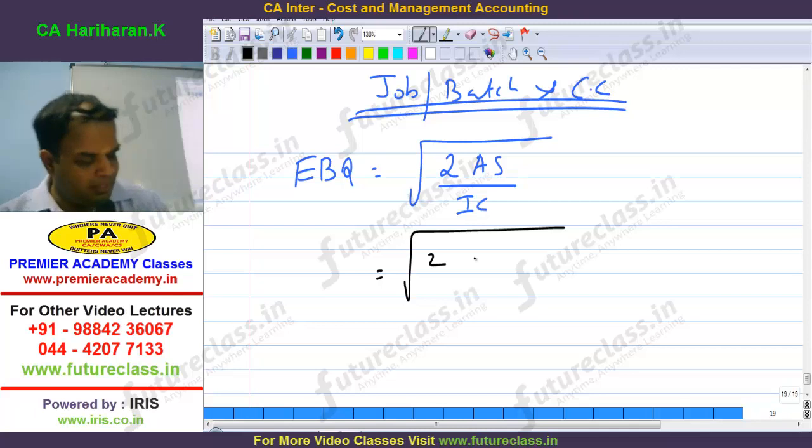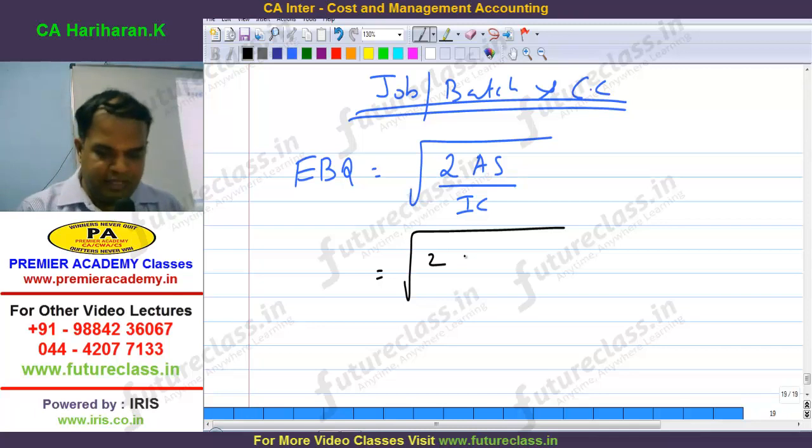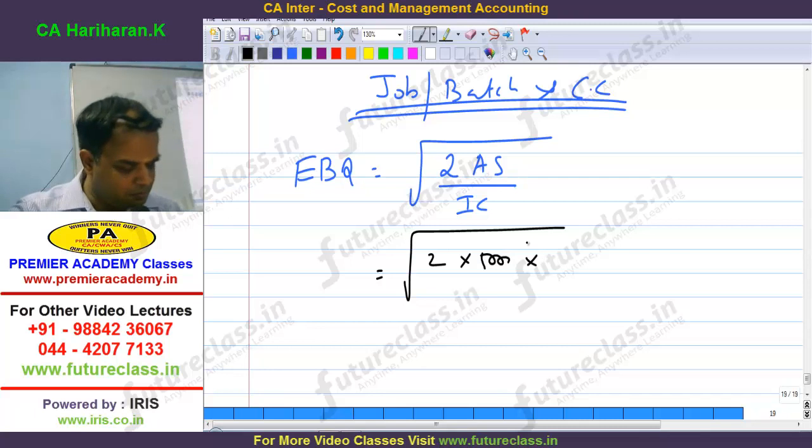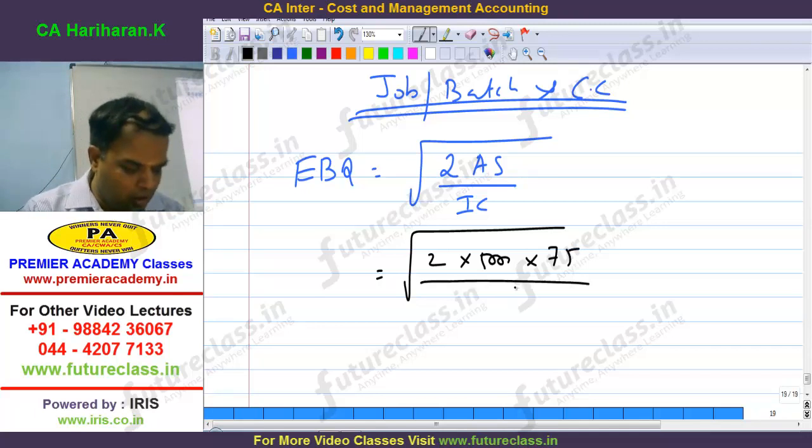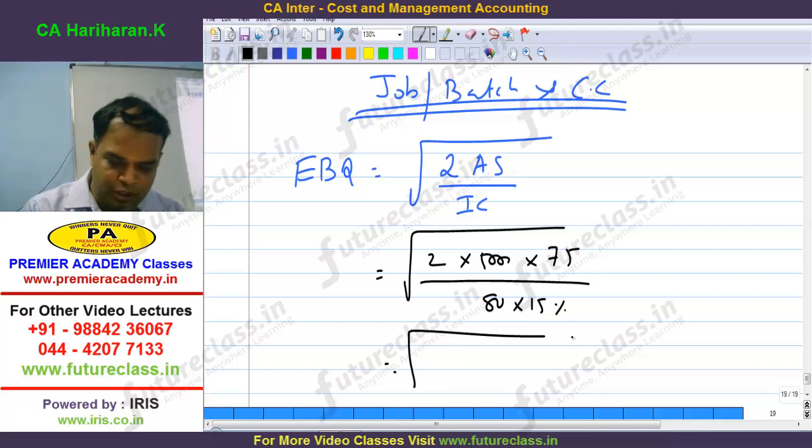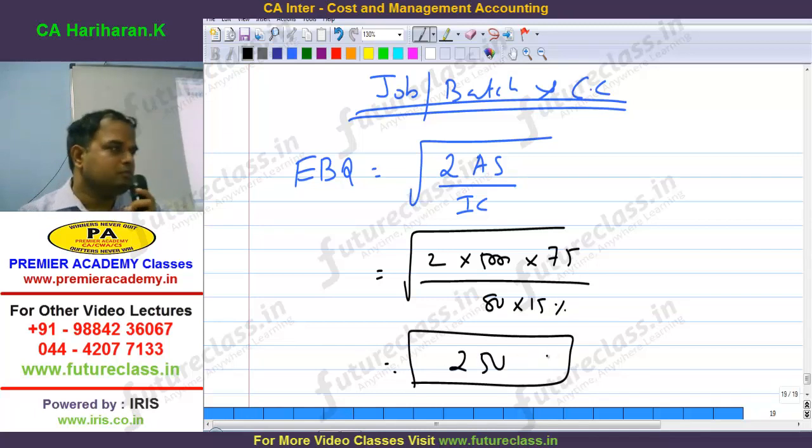How much is the annual demand given in this question? 5000. Yes, setup cost. Unit setup cost per batch comes to 75. Cost of production 80, out of which interest component comes to 15%. Therefore, EBQ is equal to 250.